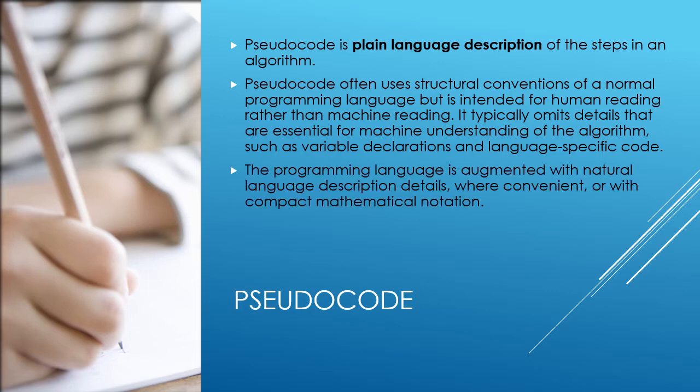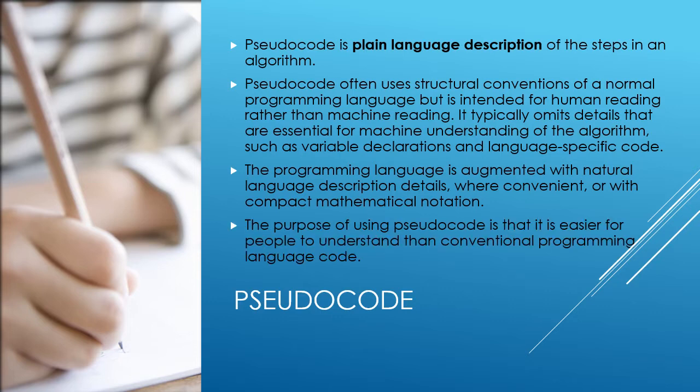In the pseudocode, the programming language is augmented with natural language description details, where convenient, or with compact mathematical notation. The purpose of using pseudocode is that it is easier for people to understand than conventional programming language code.